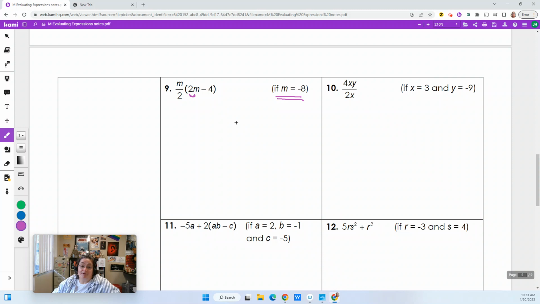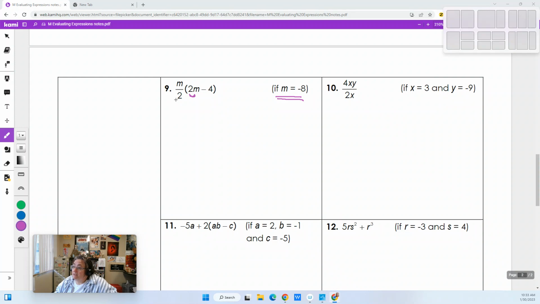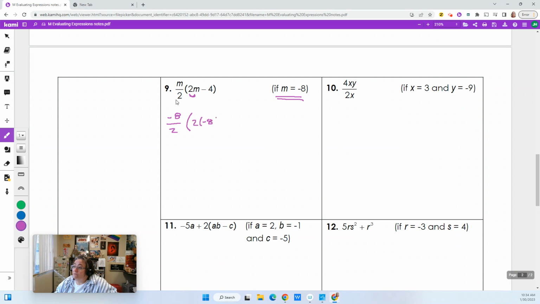And if I don't put it in parentheses, it looks like we're saying 2 minus 8. So this part is going to be negative 8 divided by 2, times negative 8 is what it means when I put it in that parentheses, minus 4.